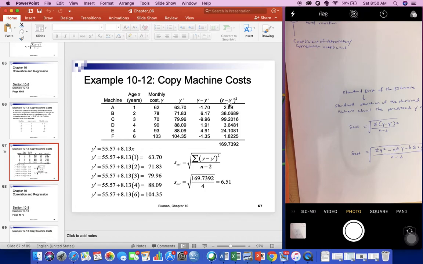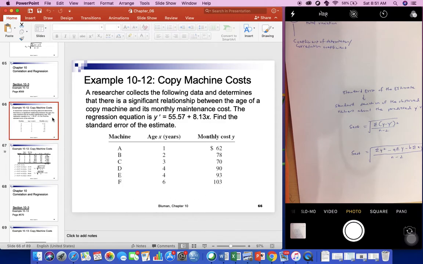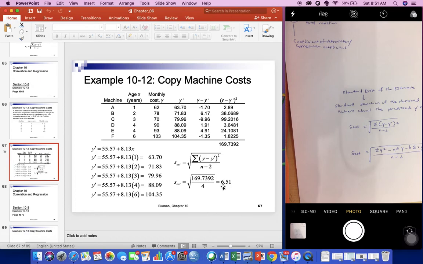Then find the summation of all the y minus y predicted squared, which gives 169.7392. Divide 169.7392 by 4 and take the square root, and the value for the standard error of estimate is 6.51.